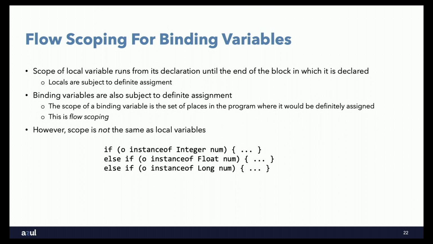Else if obj instanceof Float, and you reuse num, same thing, if it's a Long, we can reuse num, because we know that the scope of each of those references to num is only going to be in the block of code associated with the true branch. That way, we don't have to provide different variable names for each of the situations. So that just tidies things up a little bit and makes our life as developers a bit easier.